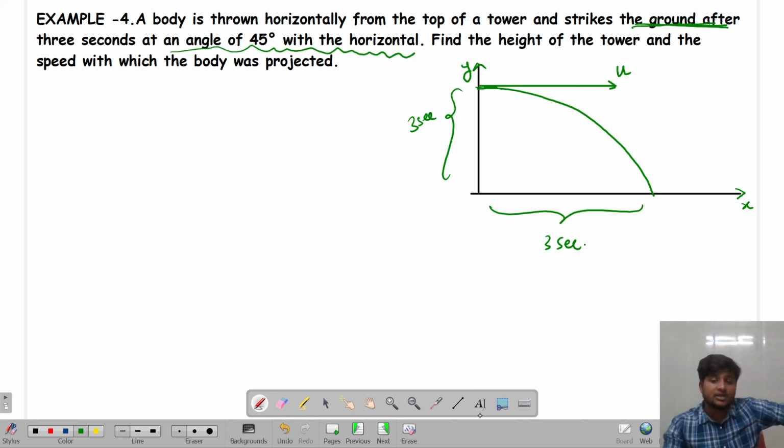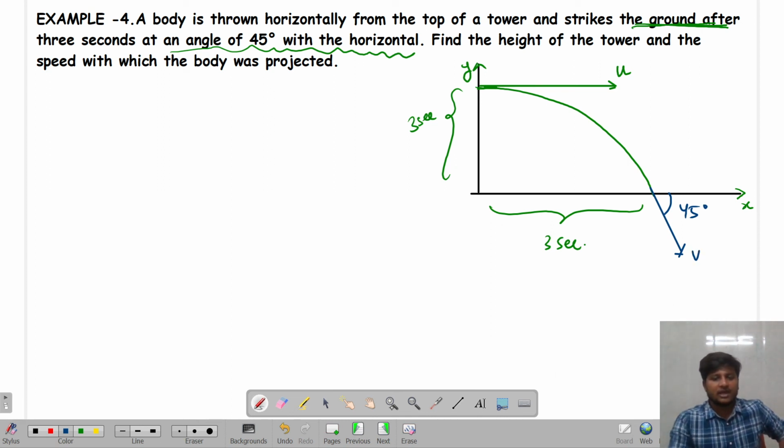Now, what is 45 degrees with the horizontal? That means your resultant velocity. The particle hits the ground after 3 seconds, and the resultant velocity makes 45 degrees with the horizontal. Let's suppose this resultant velocity is v.